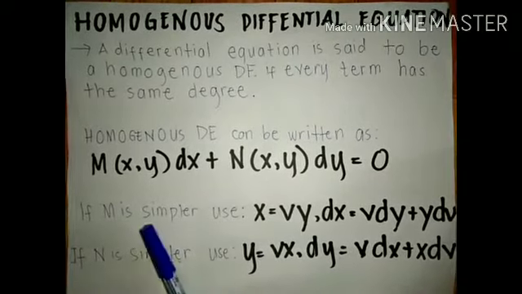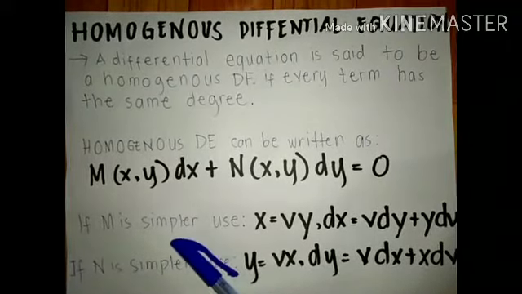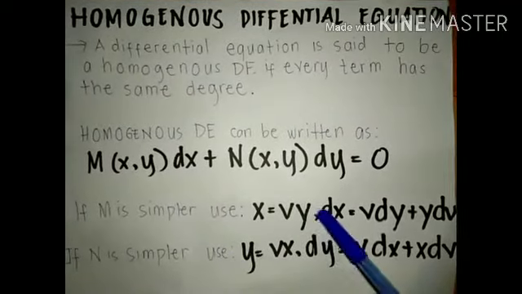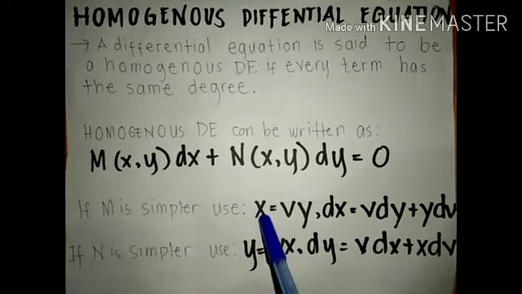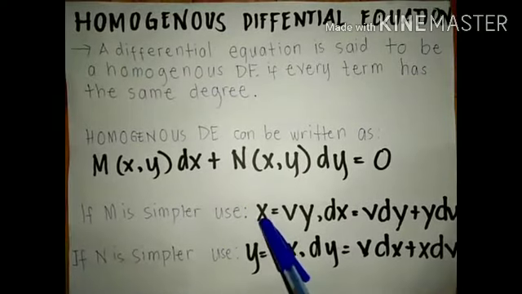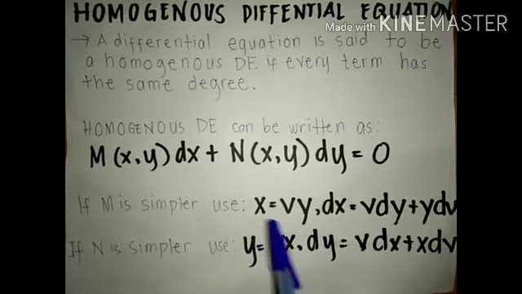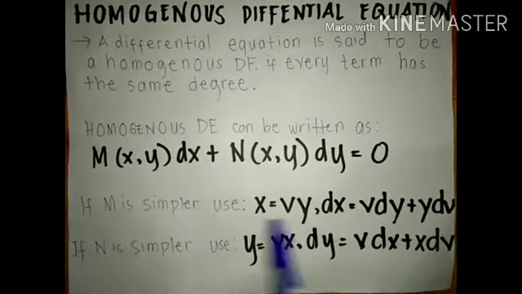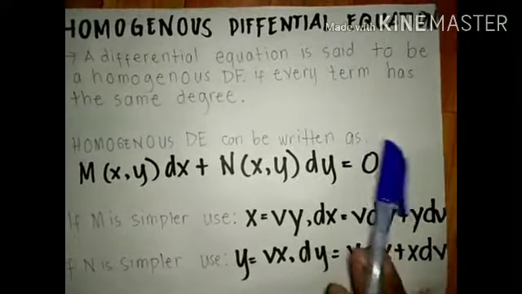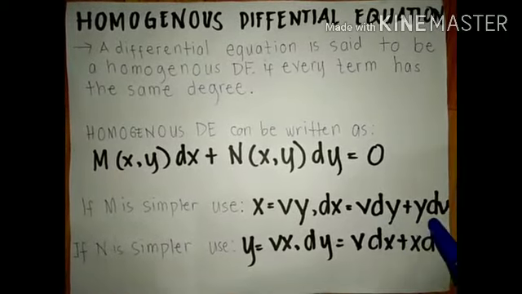If M is simpler, which means that if this M, a function of x and y, is much simpler, we will use the substitution x equals vy, and if we get the derivative of this, we have, by the product rule, dx equals v dy plus y dv.